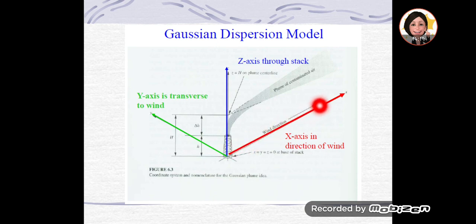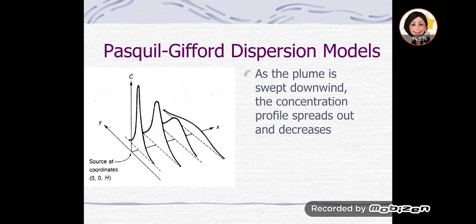So this is the x plane, going along the wind. The vertical, direct vertical to this, is the z plane, and the transverse to the wind is the y-axis. This is the wind direction. x, y and z equal 0 at the base of the stack.